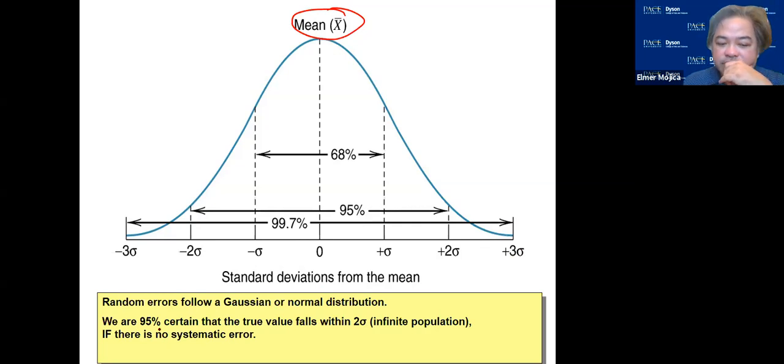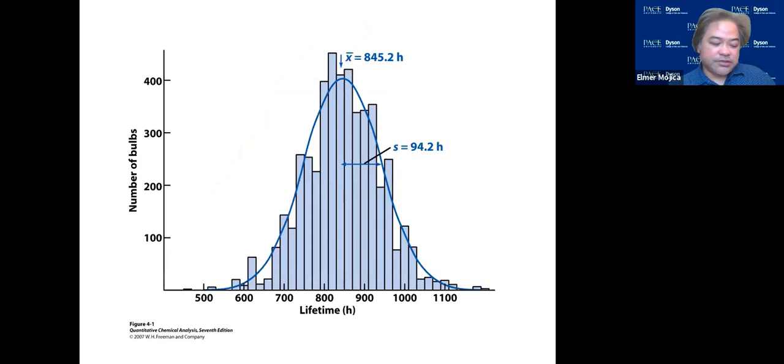So random error follows a Gaussian or normal distribution. We are 95% certain that the true value falls within 2 times the standard deviation, for an infinite population. And if that happens, there is no systematic error. We say that experimental data are normally distributed when replicate measurements exhibit the bell-shaped distribution.